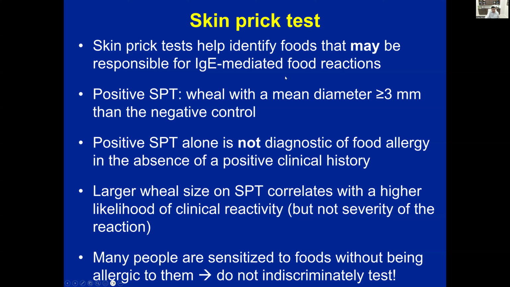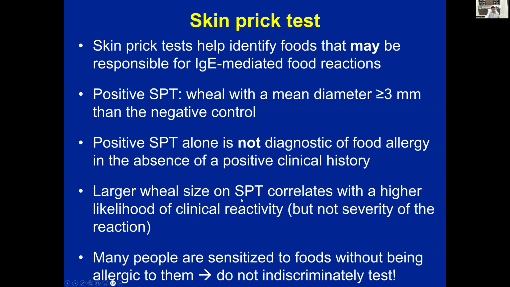Just have the patient bring the actual food, put the food on the skin, and do a skin prick test. What you want to see is a wheal size greater than 3 millimeters above the negative control. But again, a positive skin prick test alone is not diagnostic of a food allergy.